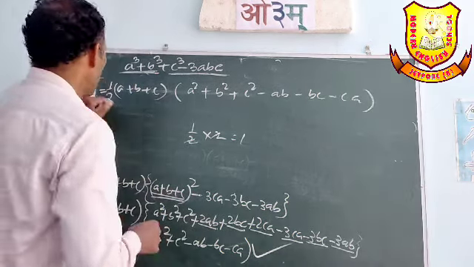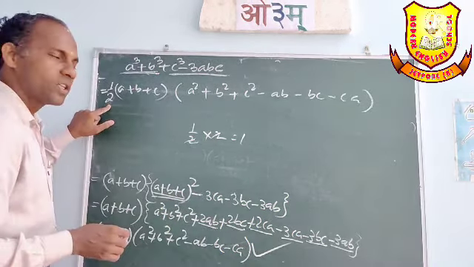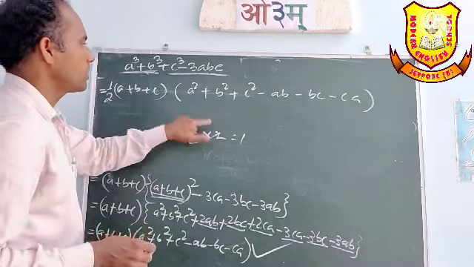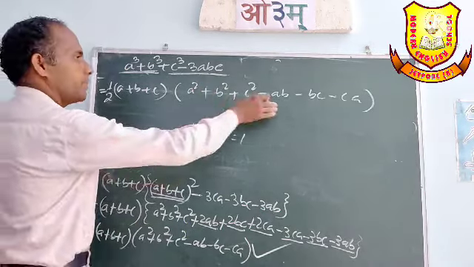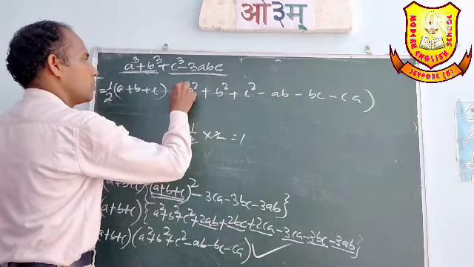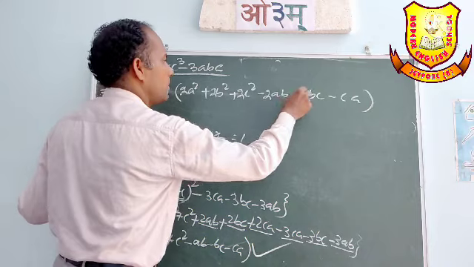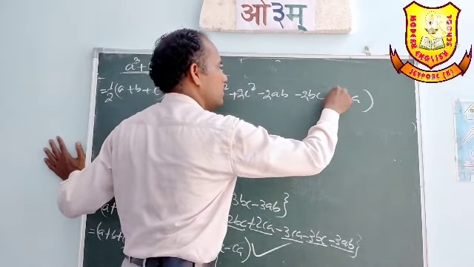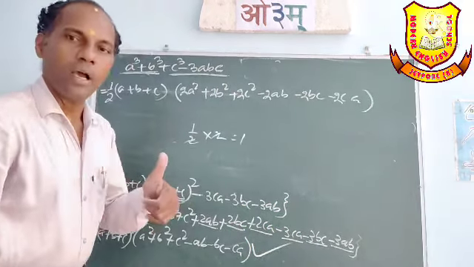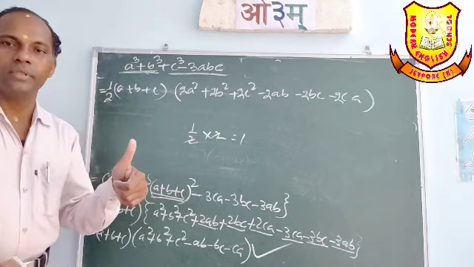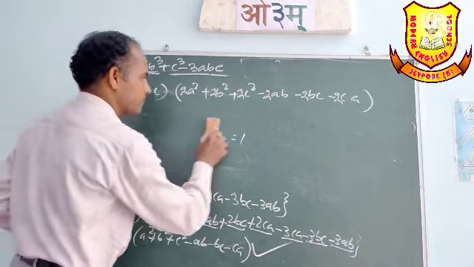That 1 by 2 we have done, so 2 also will multiply in the whole: 2a square, 2b square, 2c square, minus 2ab, minus 2bc, minus 2ca. Everybody clear now? Yes.